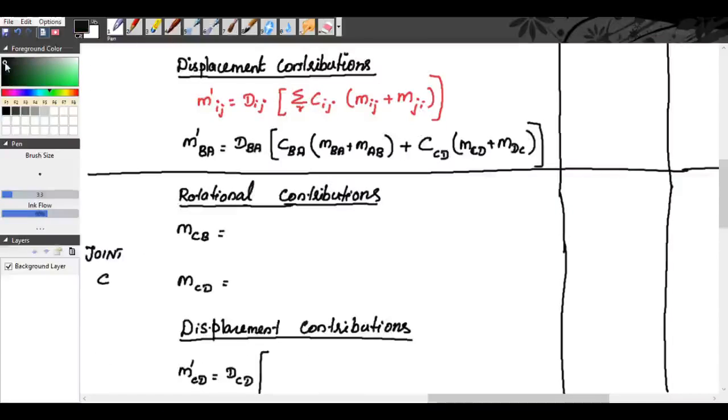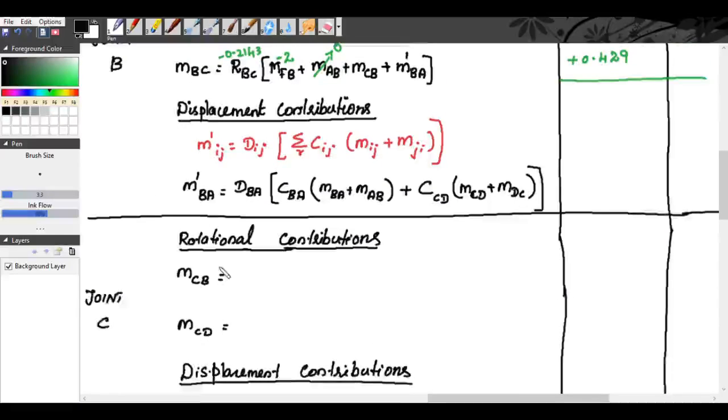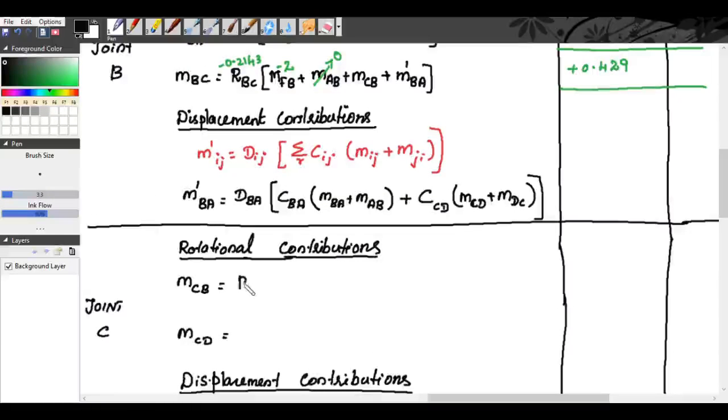So the rotational contribution at joint C is the rotational factor for CB multiplied by the restraint moment at joint C plus the rotational contribution from the neighboring joints.